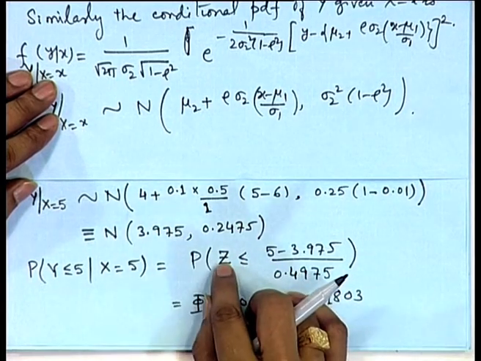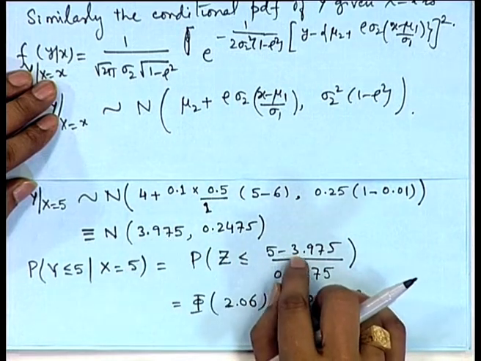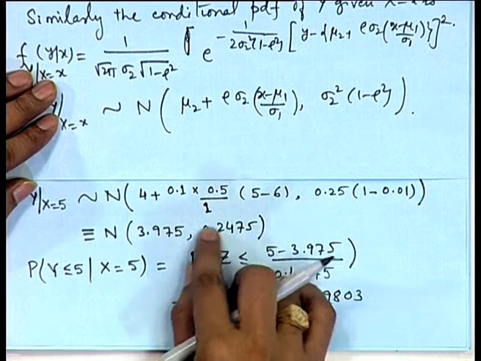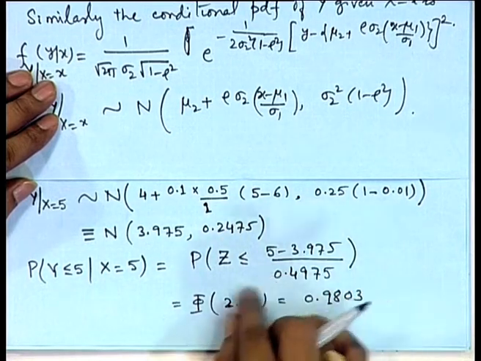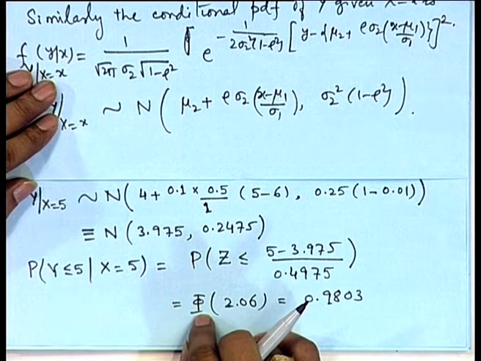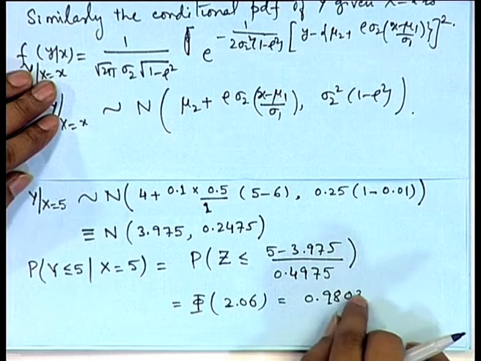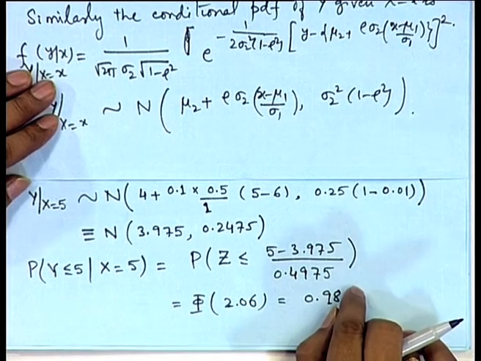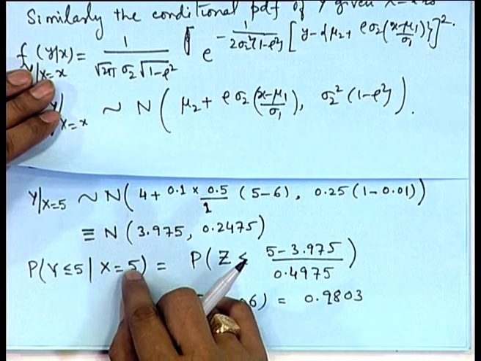So we transform it to the standard normal distribution: z less than or equal to (5 minus 3.975) divided by the square root of 0.2475, that is 0.4975. After simplification it turns out to be phi of 2.06, which is 0.9803, quite a high probability, but that is understandable because in January there is more rain.